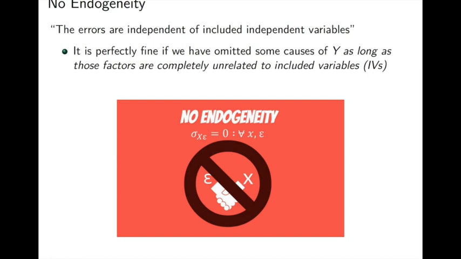So it's perfectly fine to say, look, we haven't included all the variables that determine somebody's wage. We haven't included parents' SES and charisma and the color of the tie the candidate wore when interviewing or whatever. It's fine to omit variables that explain y, as long as those factors are completely unrelated with the included variables.